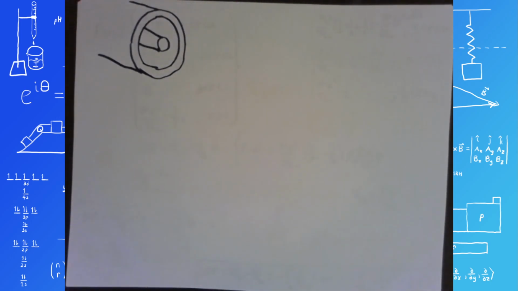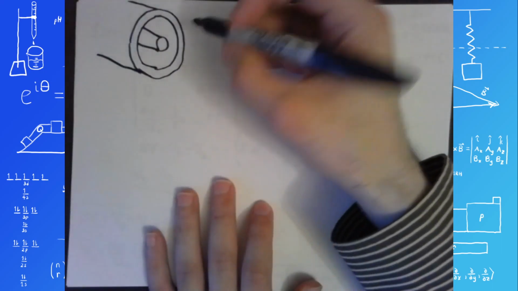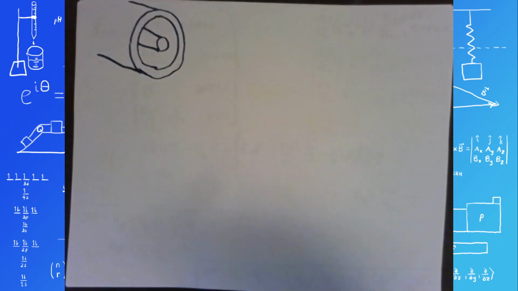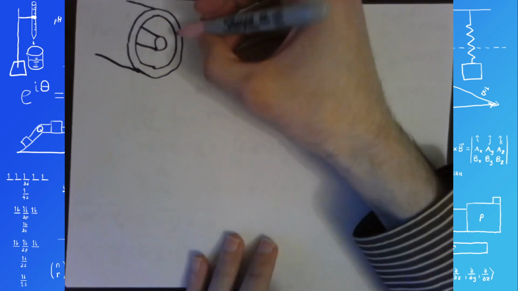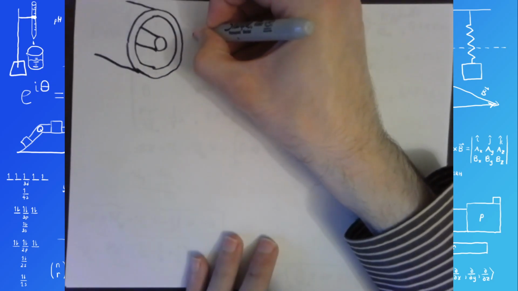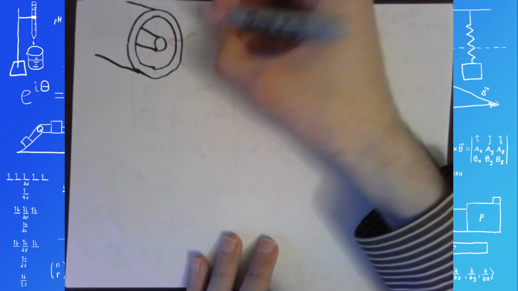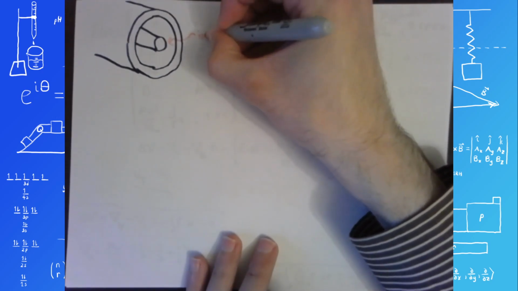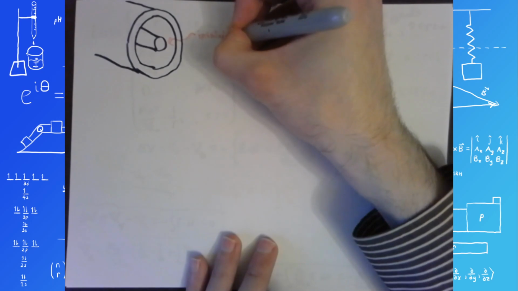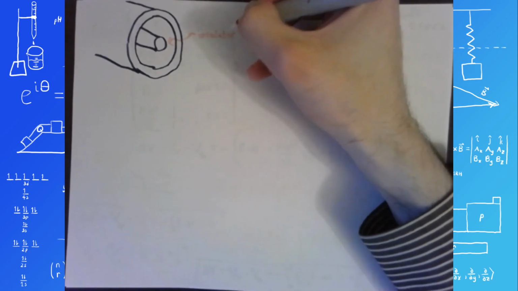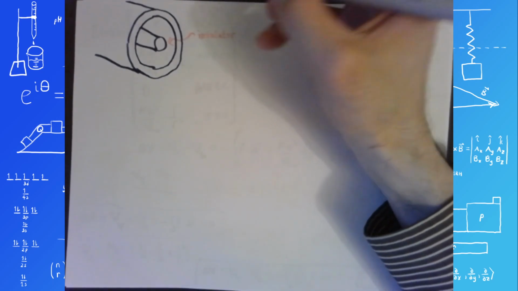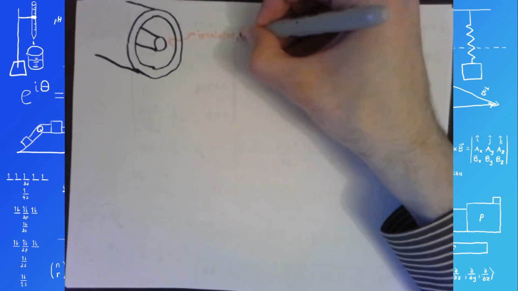Okay, so this time the shell, they said, was a conducting shell with a linear charge density lambda. So we have an insulating cylinder over there. Let me use this fading pink color. This is an insulator with a uniform charge density rho.